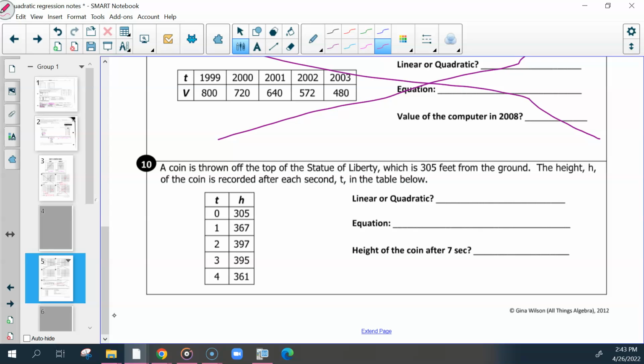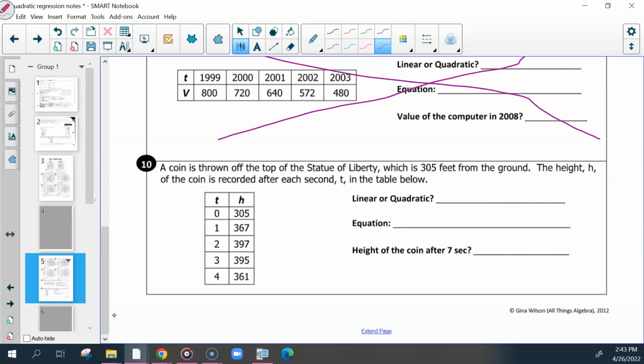Or if you're reading a word problem and you think about what is happening, a coin is thrown off the top of the Statue of Liberty. So if you think about how high you'd be at the top of the Statue of Liberty, and it's recording the height after each second, it's kind of like an upside down curve.